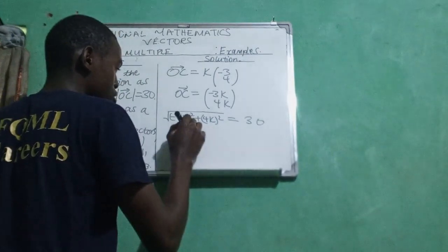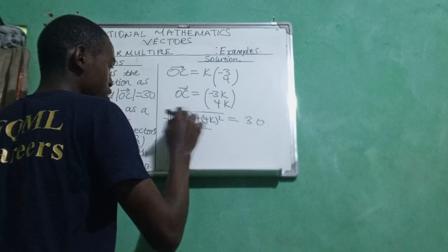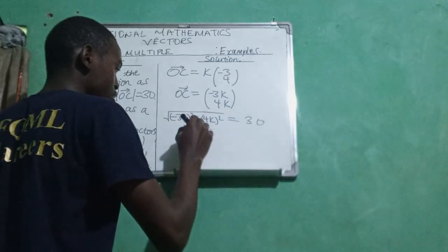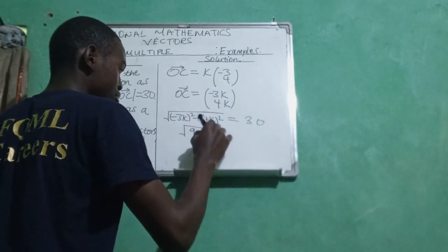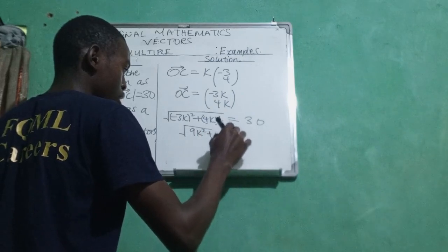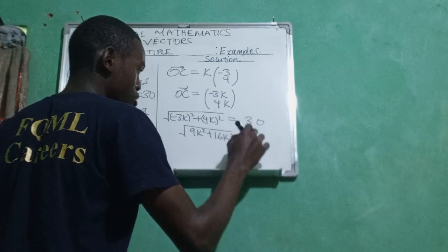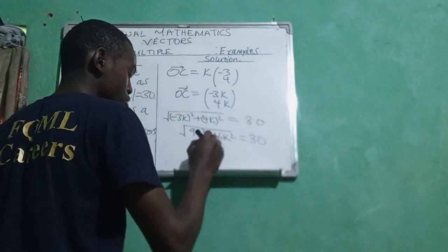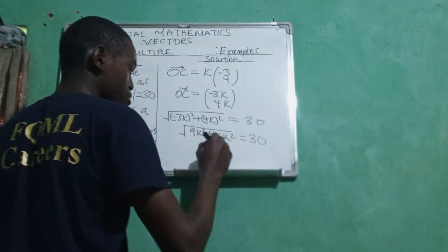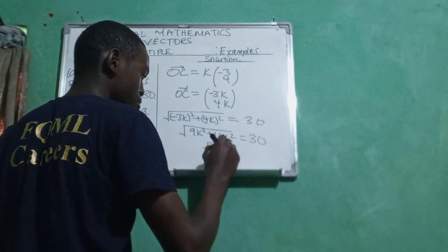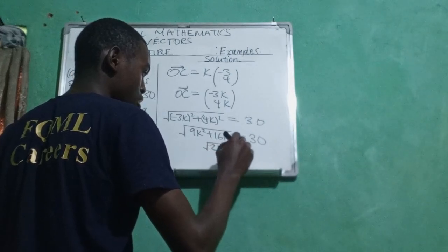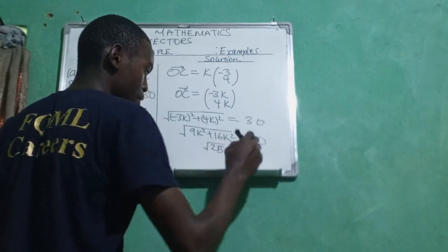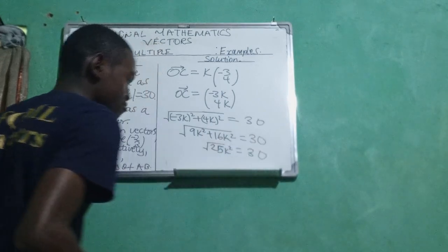Then the square root of 9k squared plus 16k squared is equal to 30. The square root of 25k squared is equal to 30.